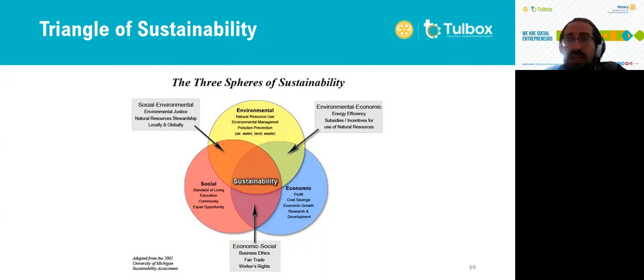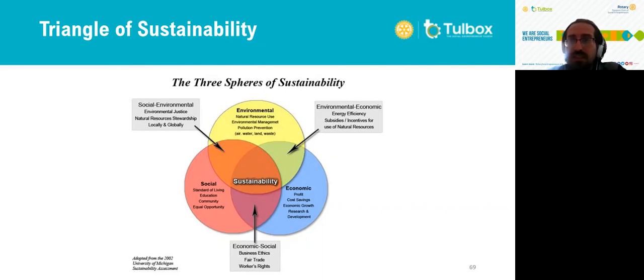So these three are the classical elements that define the sustainability of a process, which can be a business, a social effort or a volunteer activity, whatever. And between the three main ones, there are also some overlapping areas: the social-environmental, the environmental-economic, the economic-social, and so on.